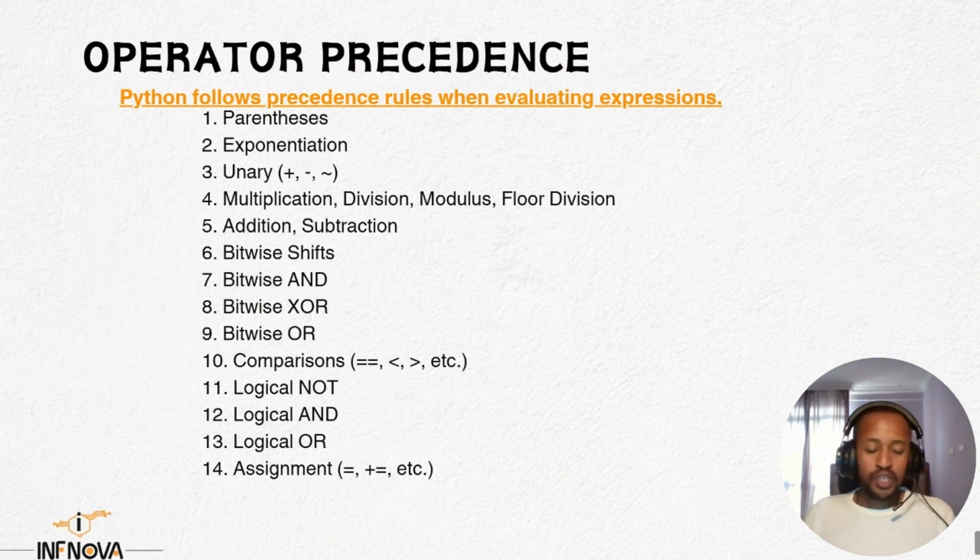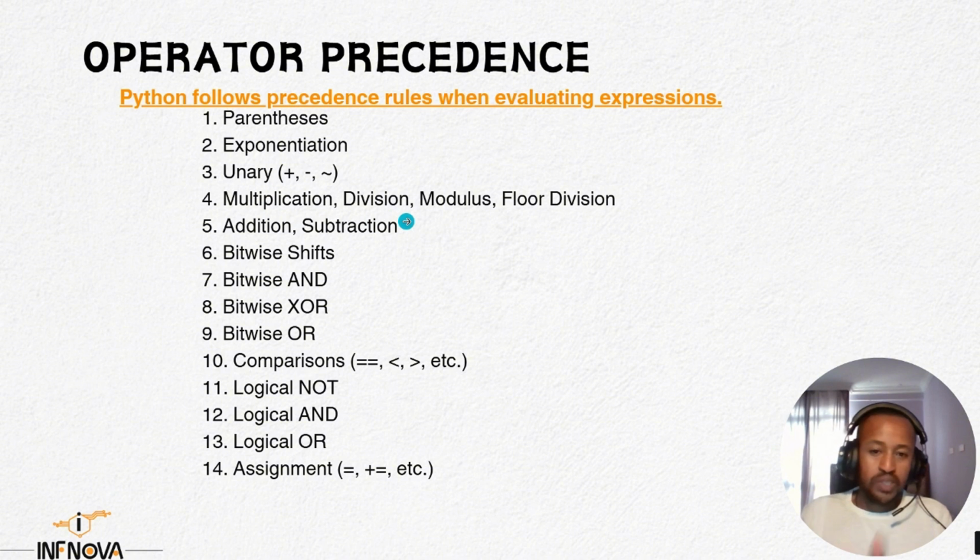The other thing that you need to keep in mind while using operators is their precedence. Usually for mathematics, we have BODMAS, where brackets come first, then order, division, multiplication, addition, subtraction. The same way in Python, there is a precedence of operations. Always parentheses come first, and then exponents have the second precedence, and then the unary operators that we've seen.